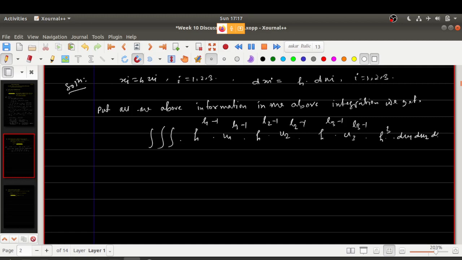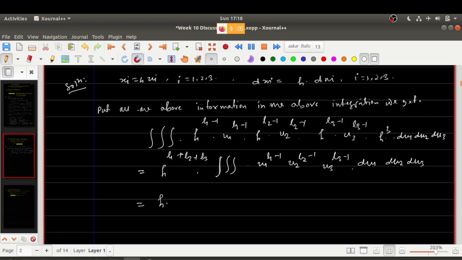times du1 du2 du3. Now if you simplify the powers of h, because of minus 1 minus 1 minus 1 giving minus 3 and the h cubed, this will cancel out, and this turns out to be u1 power L1 minus 1, u2 power L2 minus 1, u3 power L3 minus 1, du1 du2 du3, right?